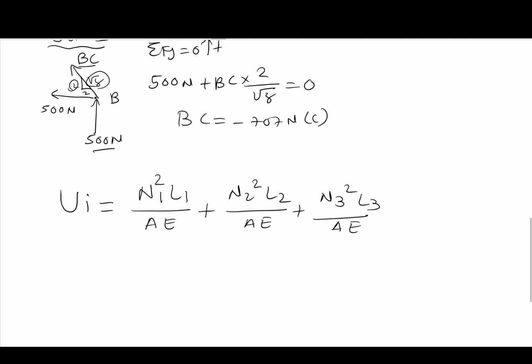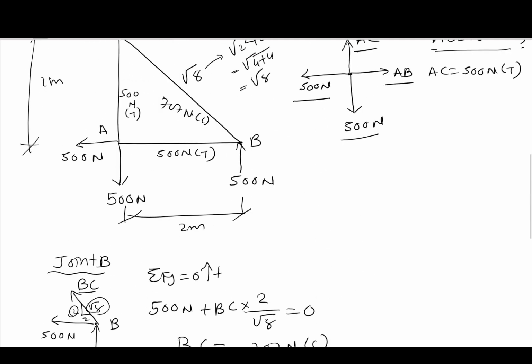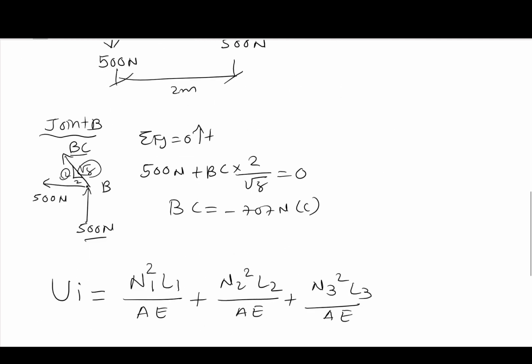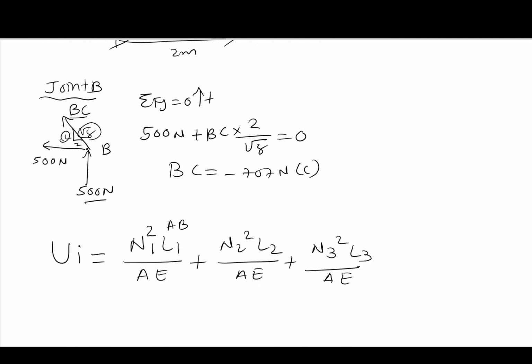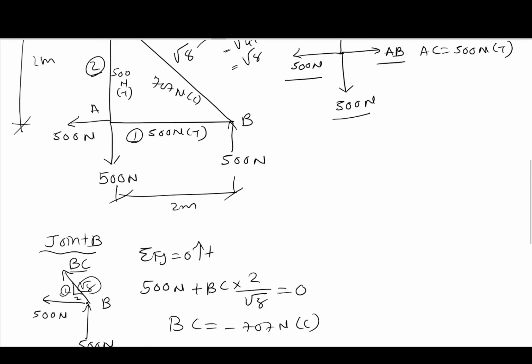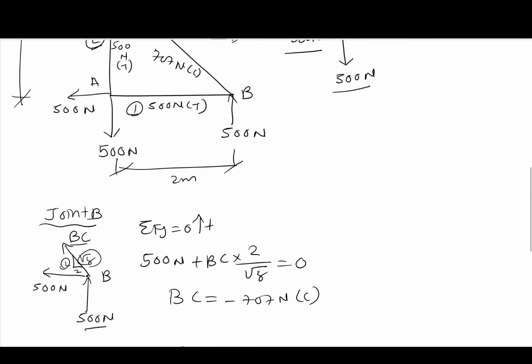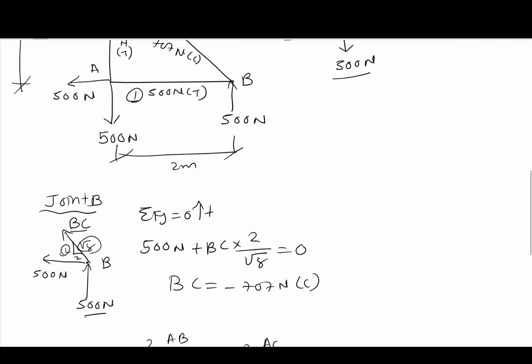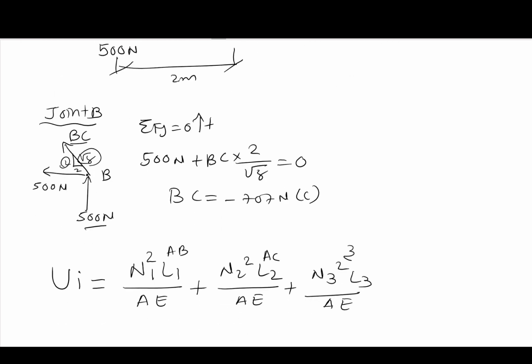Let's label member AB as 1, member AC as 2, and member BC as 3.